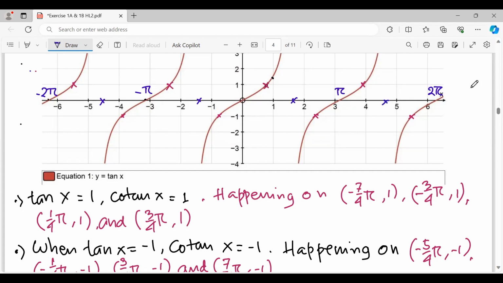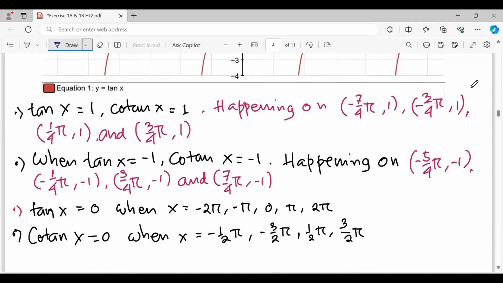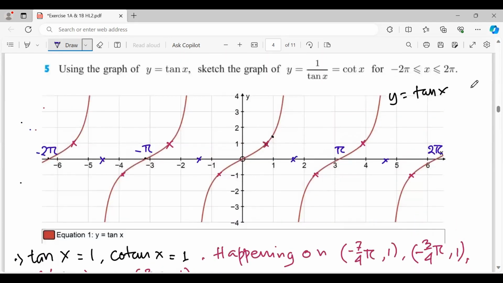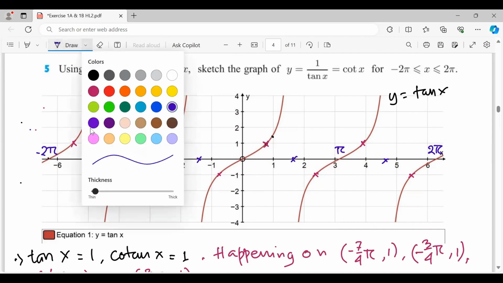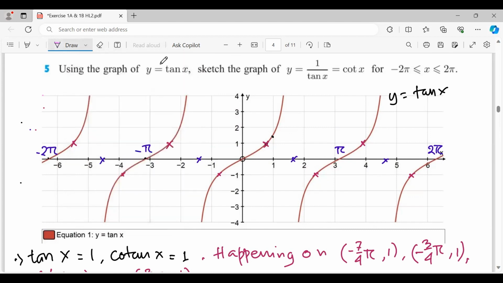If we sketch the graph, I'm going to use another color. It will be like this, through these 3 coordinate points.